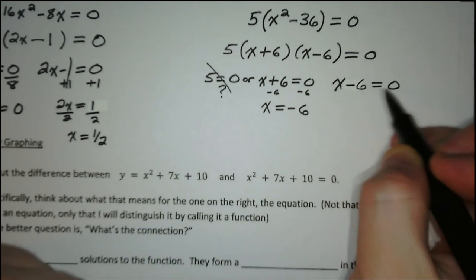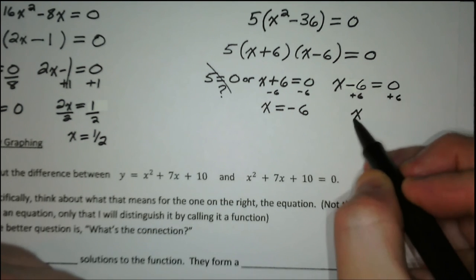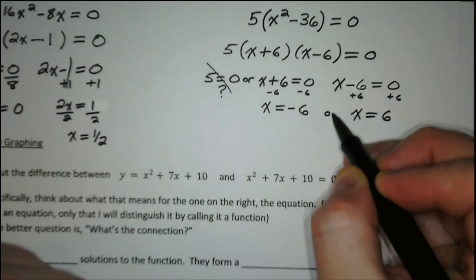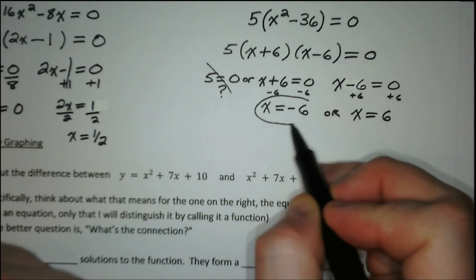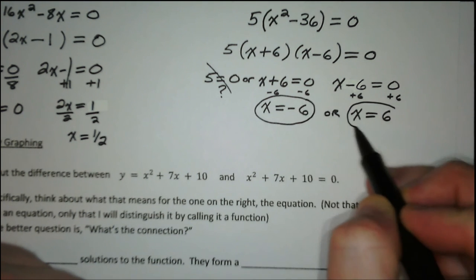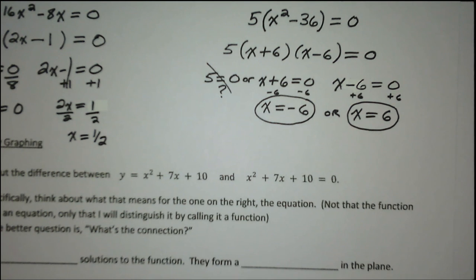Over here, to solve for x, you would add 6 to both sides. And so your two answers are x equals negative 6 or x equals positive 6.